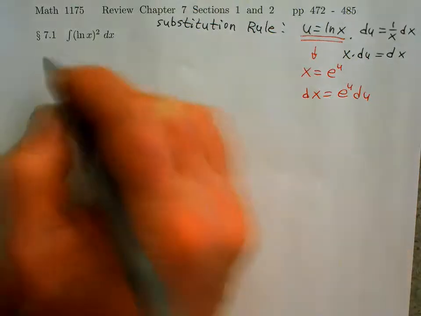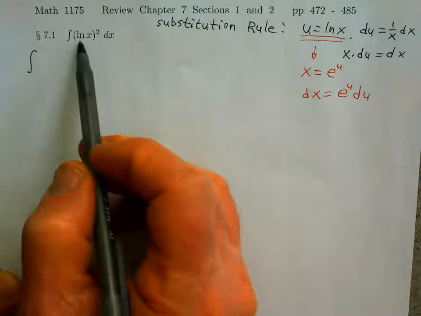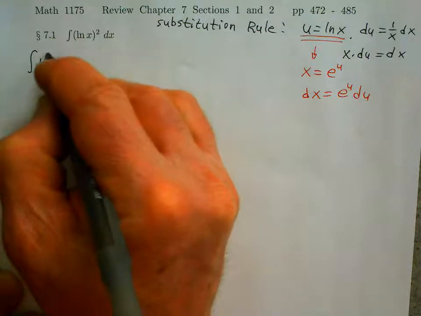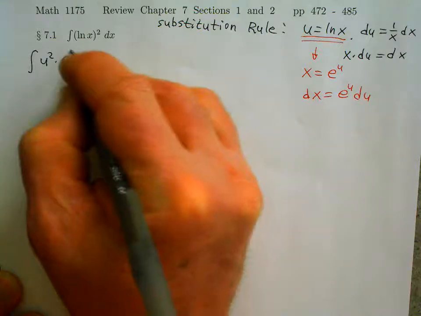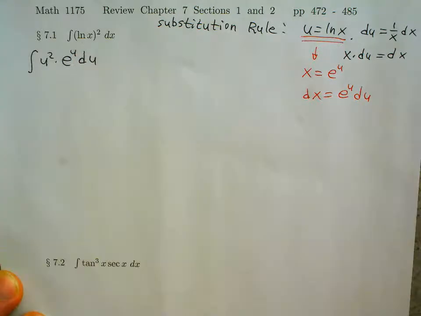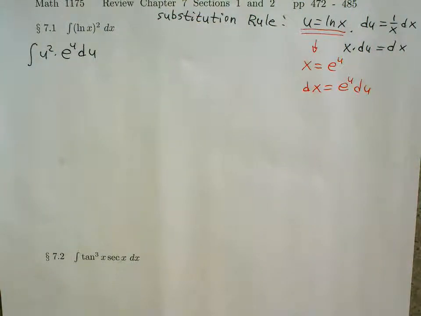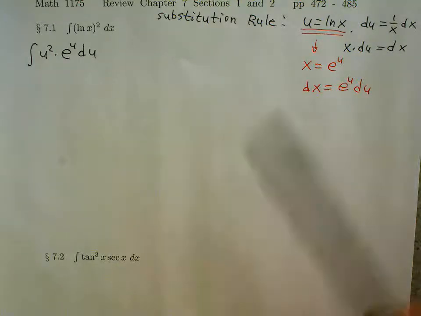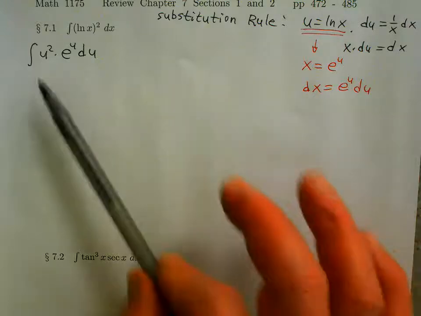So if we make those substitutions, we get u squared times e to the u du. Yeah, it looks like that should work. I didn't do it this way before, but you can still make it work.